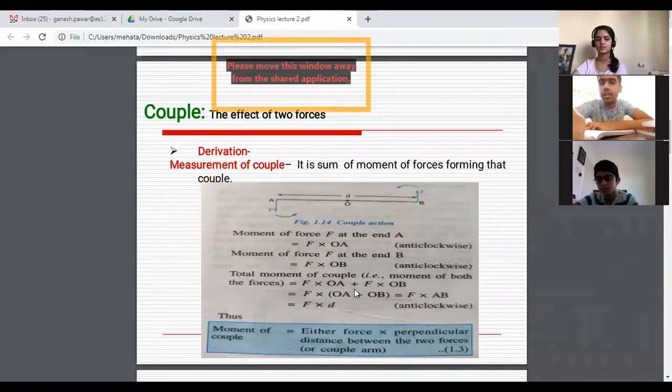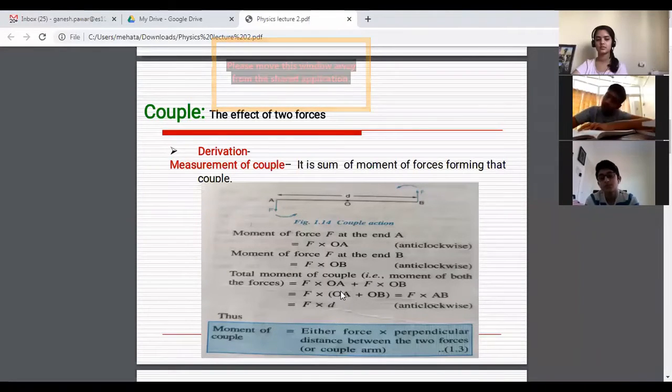Yes, addition. Why addition? Because both the moments are positive. Therefore, the total moment of couple is F into OA plus F into OB. Therefore, F will be common between these two. If I take F as a common, inside the bracket, you have OA plus OB. Clear?